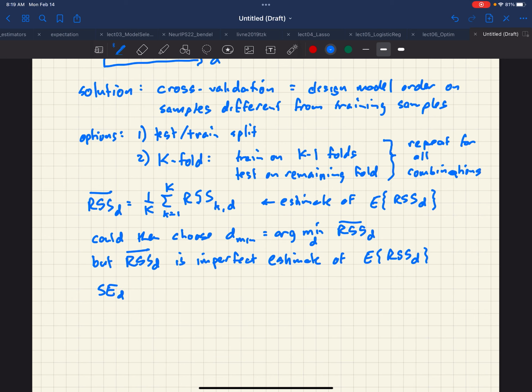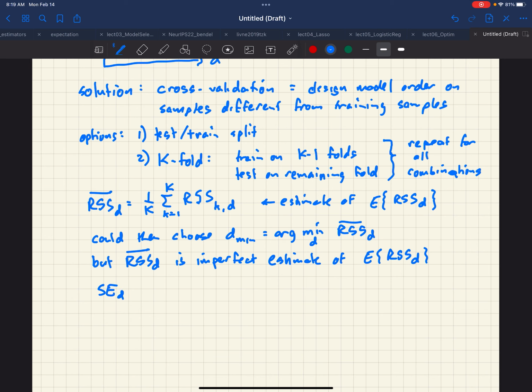And so we look at D min, which is here, and we look at the top of its error bar, and we call this RSS bar target.